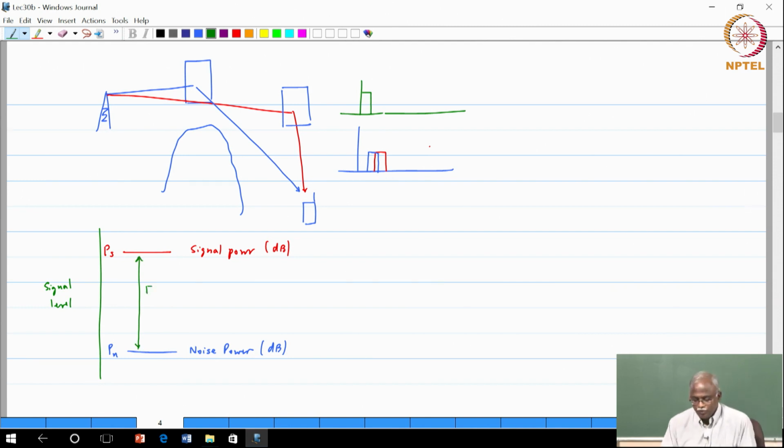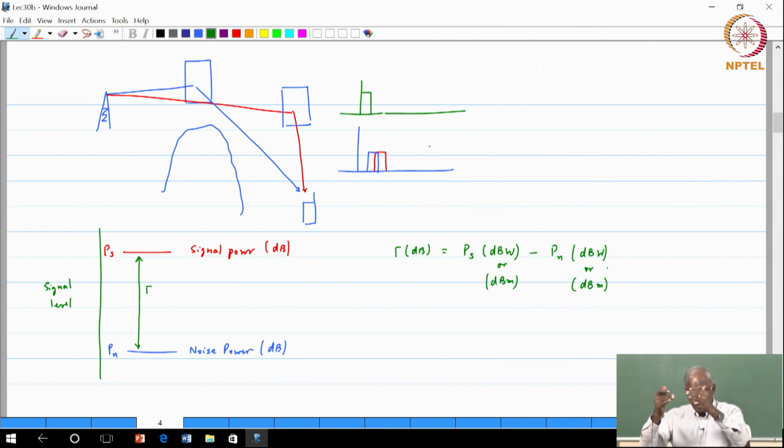So gamma in dB is Ps in dBW or dBm, it does not matter which one you choose, watts or milliwatts, you will have to choose the noise power also in dBW or dBm. The difference between the two will be a dimensionless quantity because it is power by power, dimensionless, that is dB, and that is what is the SNR.